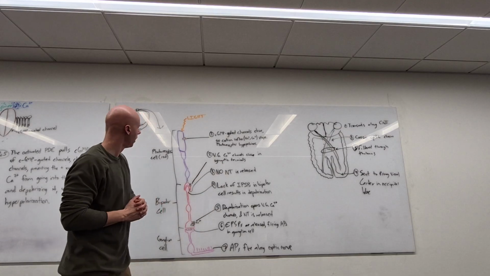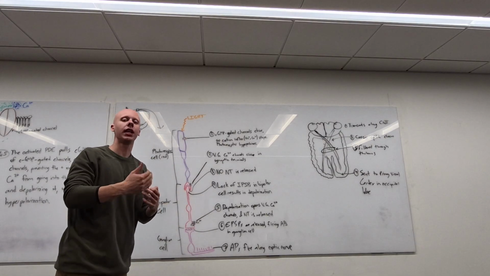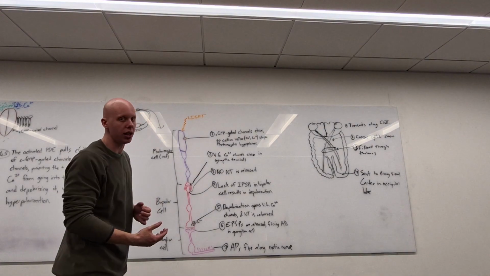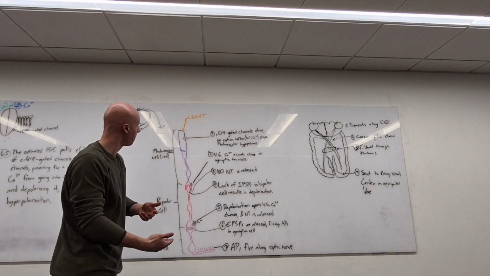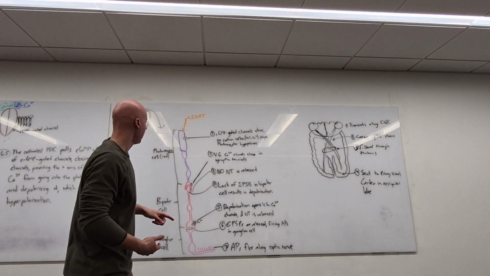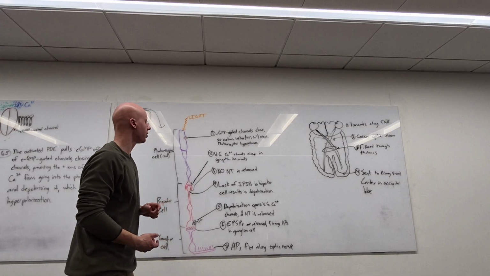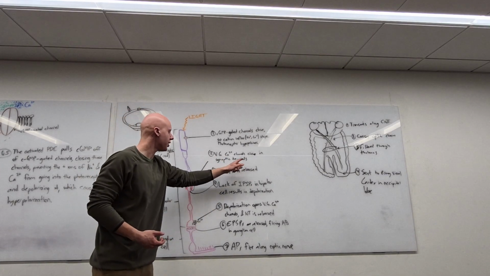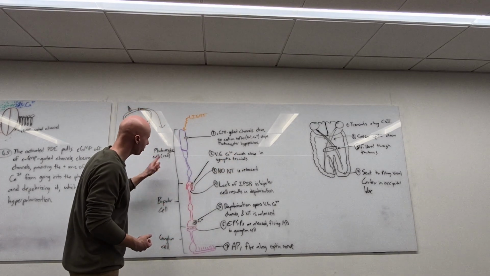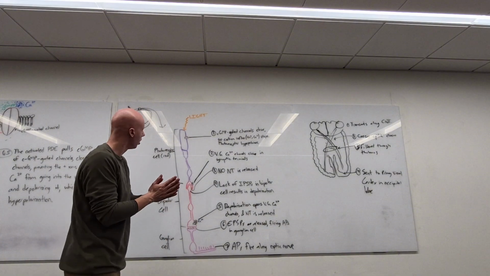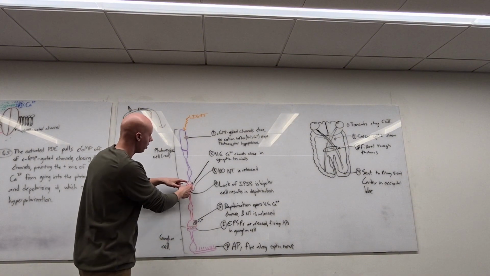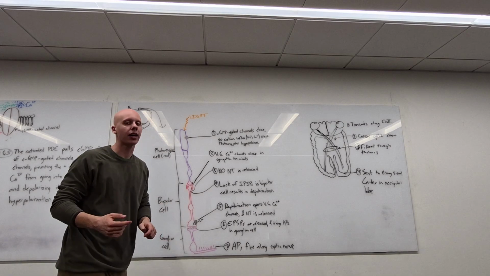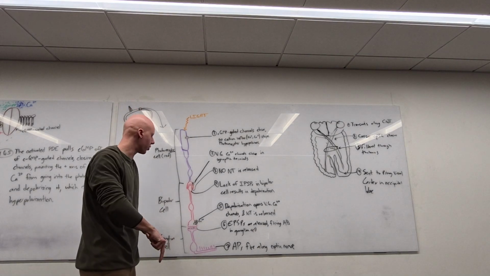Step two, so this is when you can think back about how the NMJ works. And that's going to help you understand this conceptually. Because step two is when those voltage-gated calcium channels on the synaptic terminals of the photoreceptor are going to close. Remember, in the NMJ, you have your voltage-gated calcium channels on the axon terminals of the presynaptic neuron.